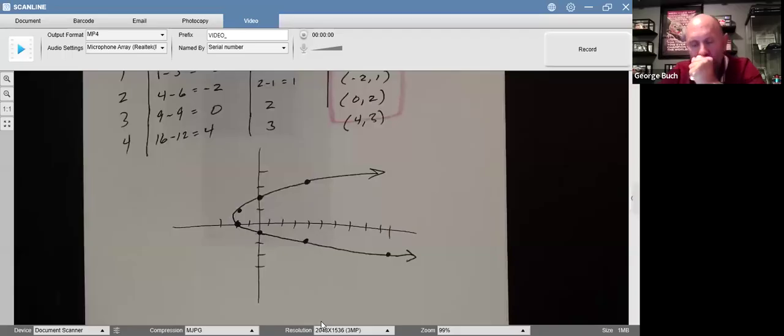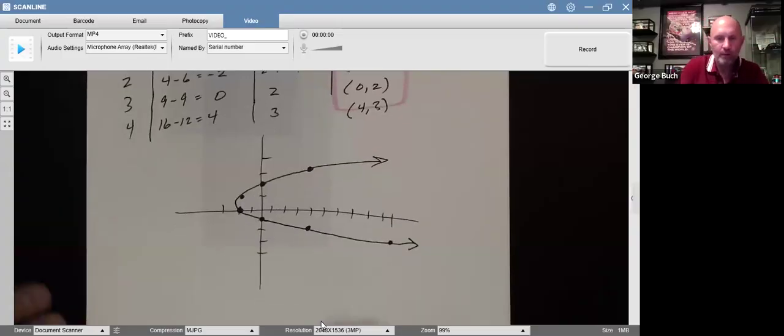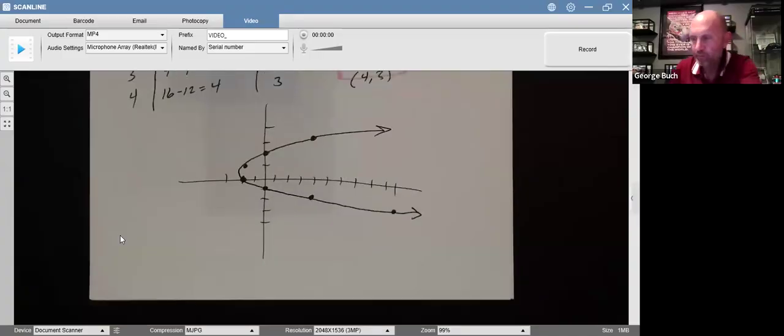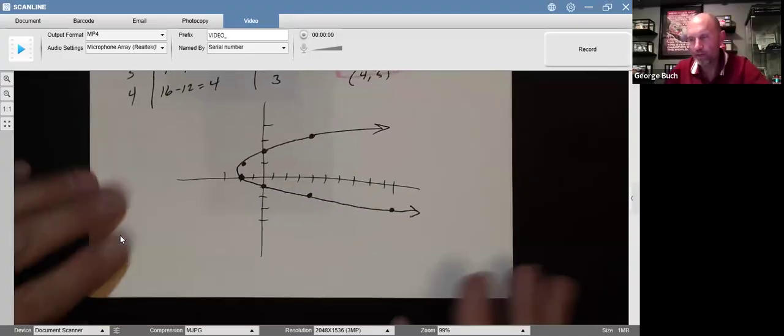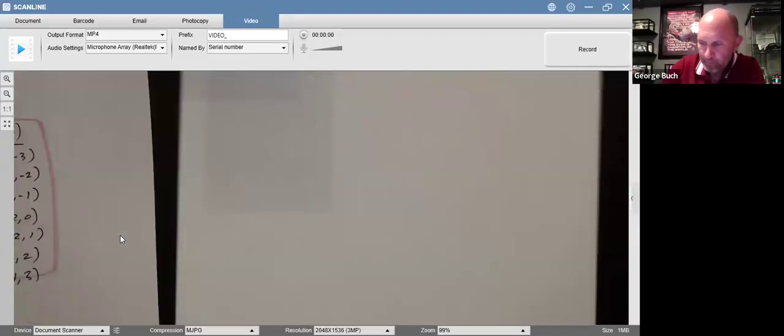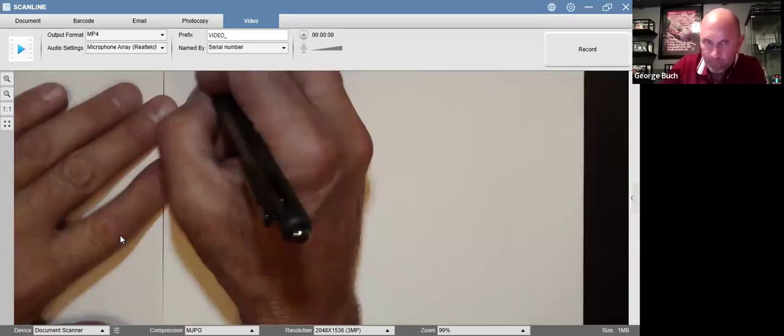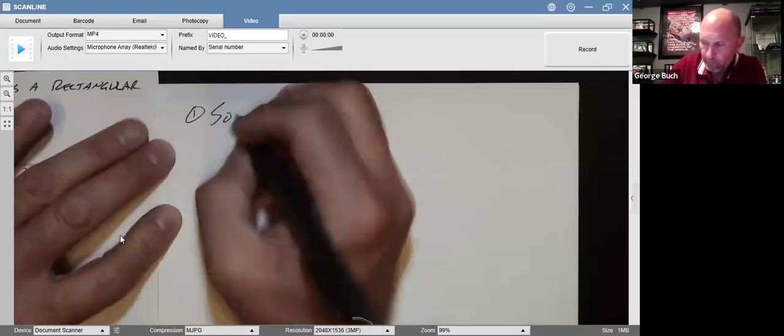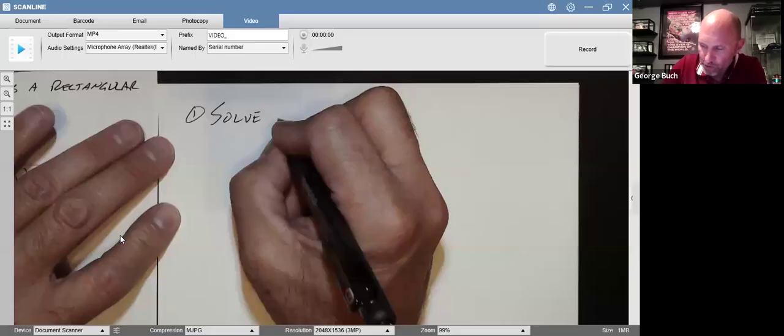So now, to convert it to a rectangular coordinate equation and eliminate the parameter, what I want to do in this case is solve one equation for t.